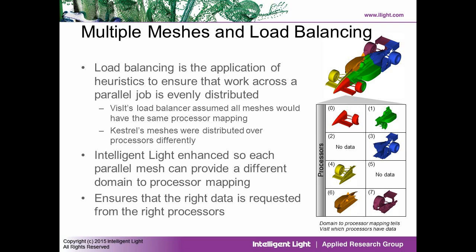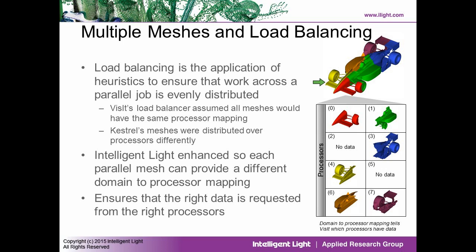When VisIt's load balancer was created, it was assuming that when it saw multiple domain decomposed parallel meshes coming from some kind of data set, they would have the same processor to mesh decomposition. If you look at the picture here, you have a set of MPI processors. Each of them will have a piece of the data, or maybe some of them don't have any data. When you put it all together, you get the whole picture.